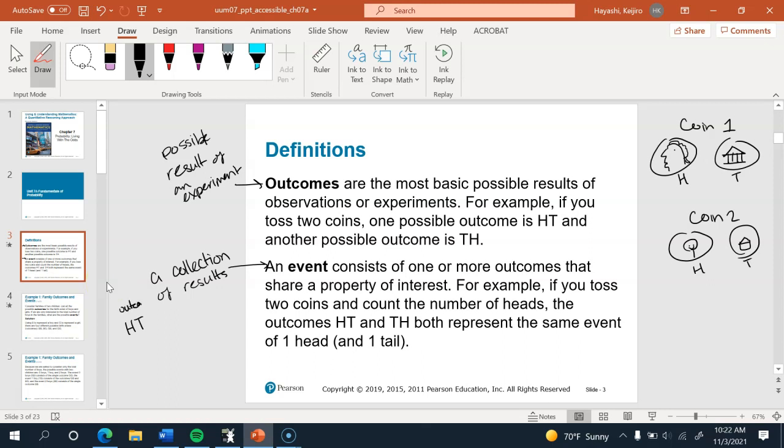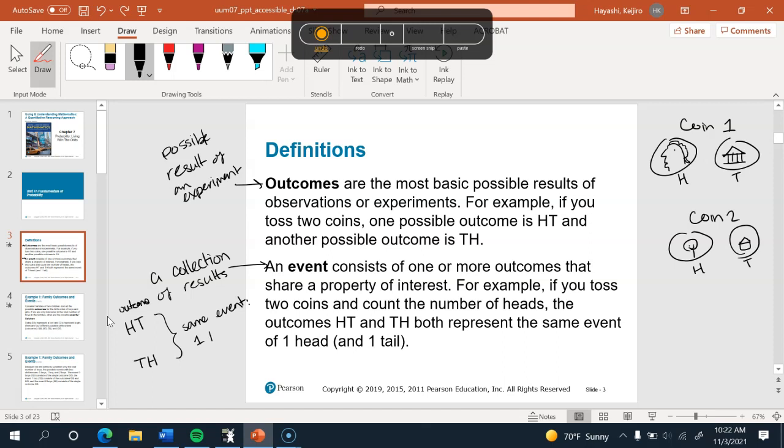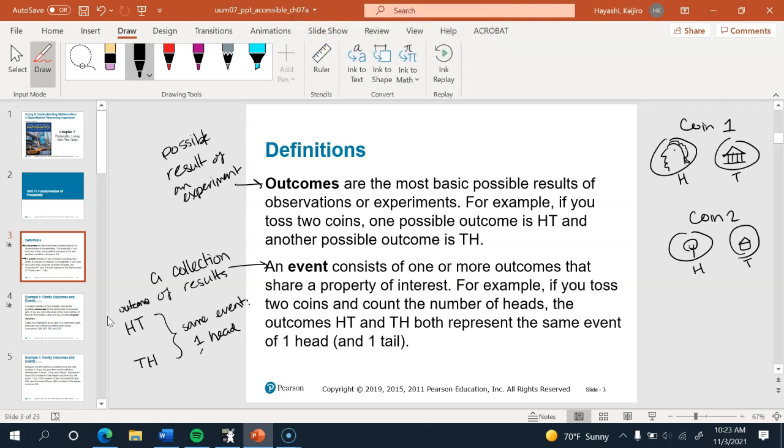That is an outcome. You could also get that the first one is tails and the second one is heads. So these are two different outcomes, but they're part of the same event, because they each have one head and one tail.